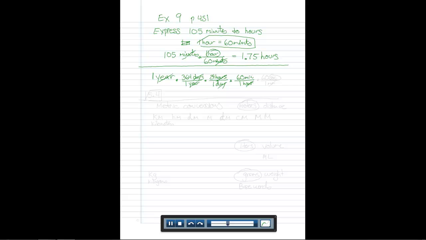How many seconds in a minute? This would be a way to tell how many seconds in a year. So you consistently can see that you got it correctly. You're left with that unit.